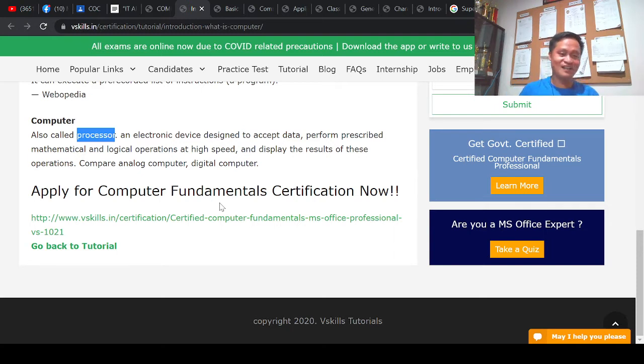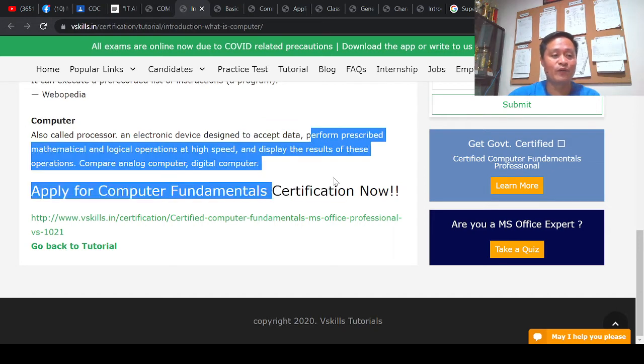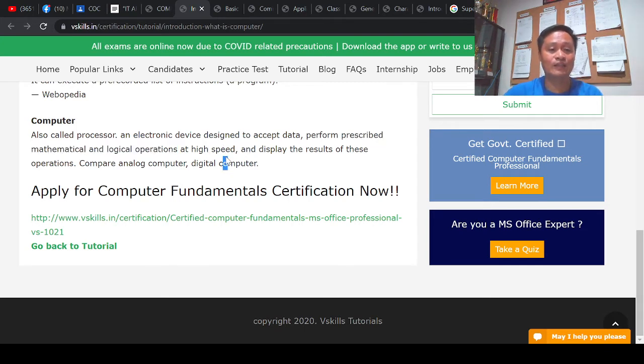From data, process, then information, useful information. It is an electronic device. It will not run without electricity. Designed to accept data and perform mathematical and/or logical operations to produce useful information. At what? At high speed. All right, at high speed.